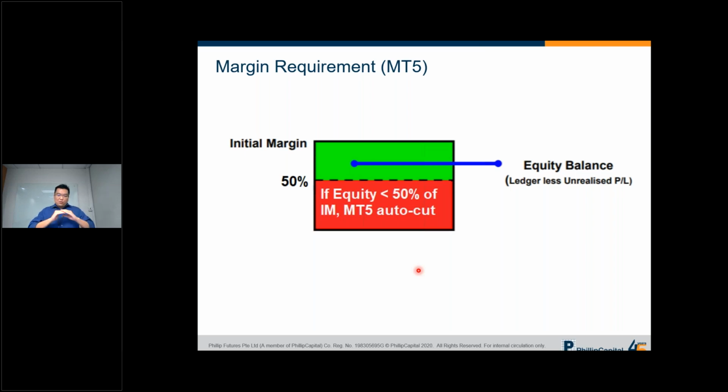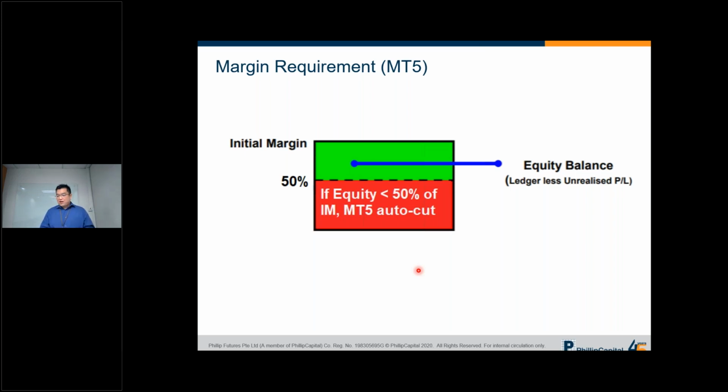The auto cut criteria is that the equity must not drop below 50% of the initial margin level. So let's say, for example, if the initial margin level is $1,000 and the equity in your account drops to below $500, then you will trigger the MT5 auto cut feature, where the system will do the auto cut for you.